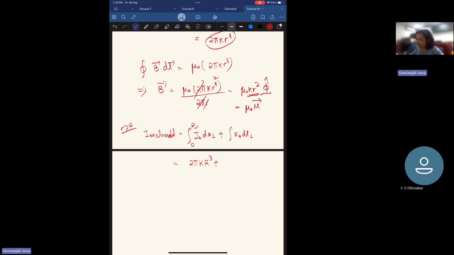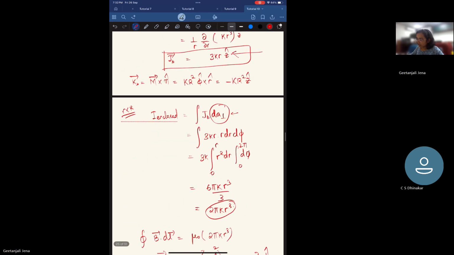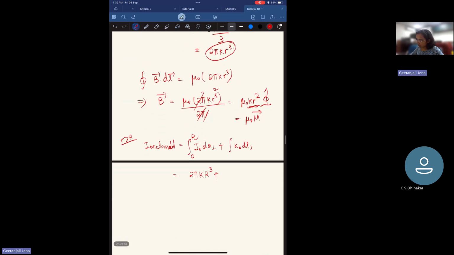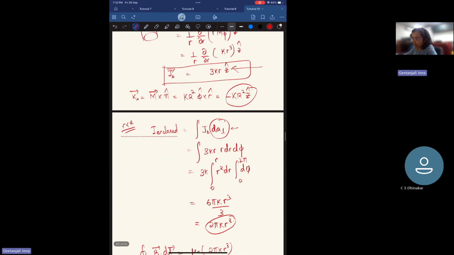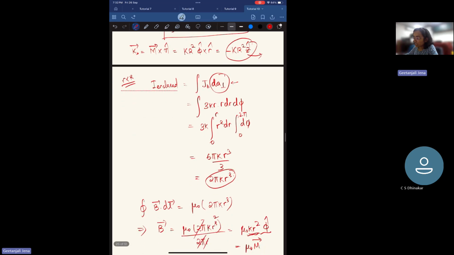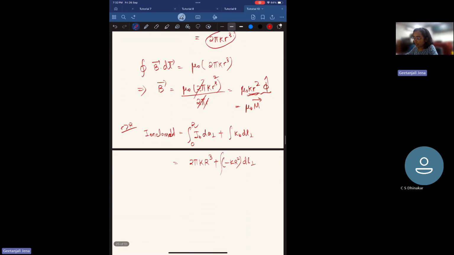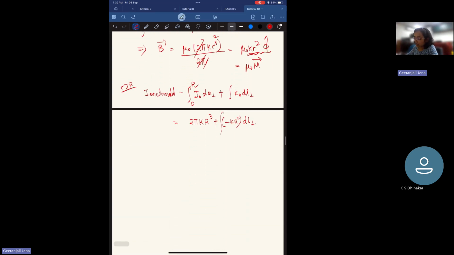And K_b is minus k R² times dl perpendicular. So what is the dl perpendicular? For that you need to look at the direction of this K_b. It is in the direction of Z, so you need to take the length element, not the area element, in the Z direction.